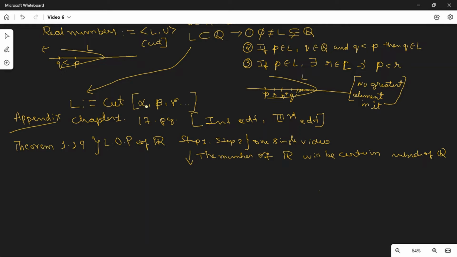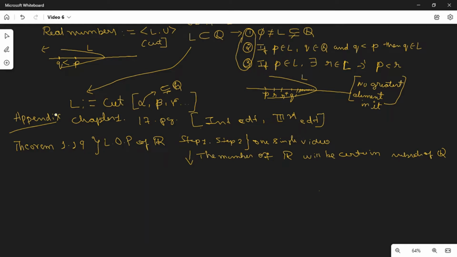These are the two proper subsets of the rational numbers set with these three properties. These are subsets of the rational numbers, but we are representing real numbers by these. How and all those things we discussed in the previous video.